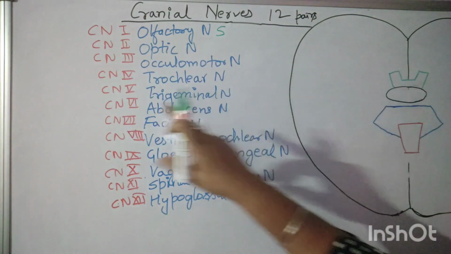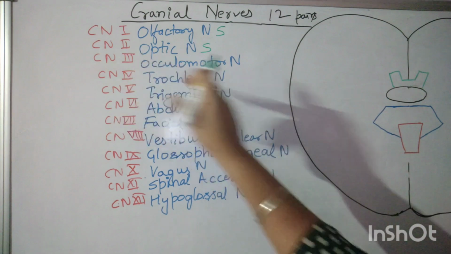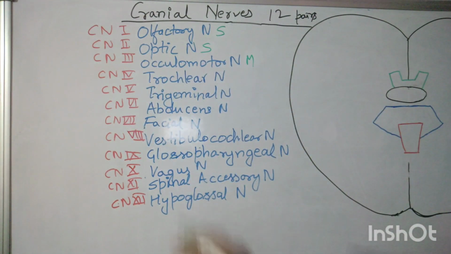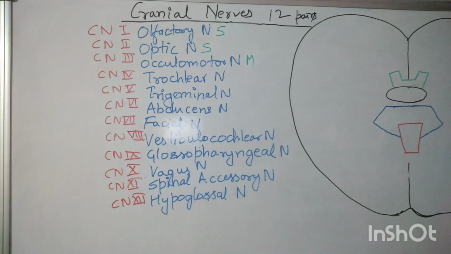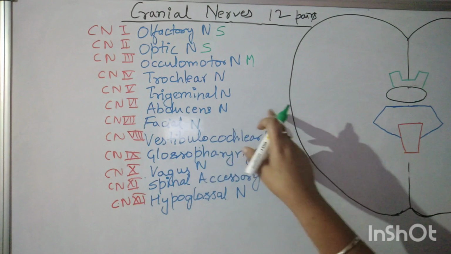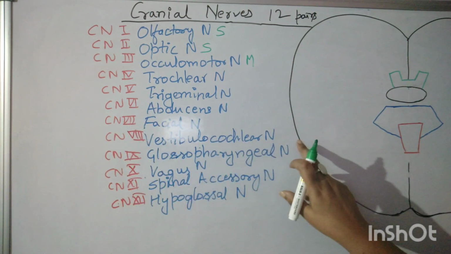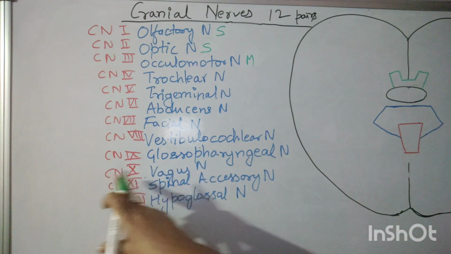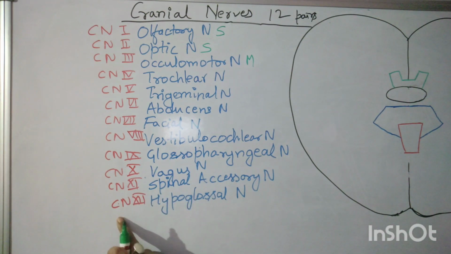The optic nerve, cranial nerve 2, is also sensory type. Third one is oculomotor. This is motor in nature. Then the fourth one is trochlear, fifth is trigeminal, sixth is abducens, seventh is facial nerve, eighth is vestibulocochlear nerve, ninth is glossopharyngeal nerve, 10th is vagus nerve, 11th is spinal accessory nerve, and 12th is hypoglossal nerve.